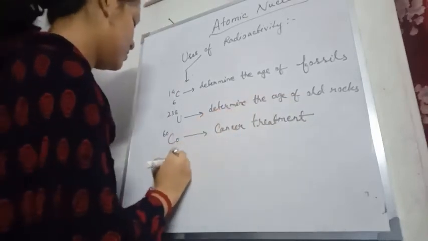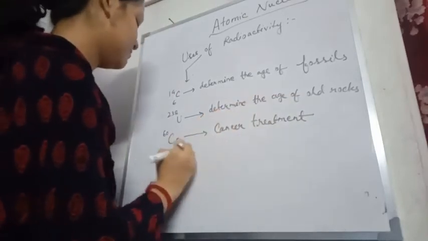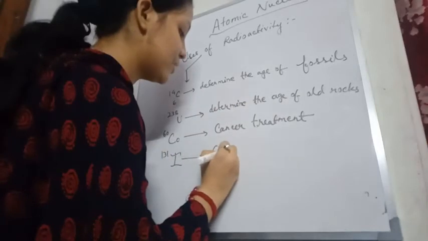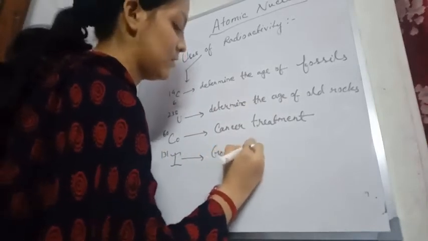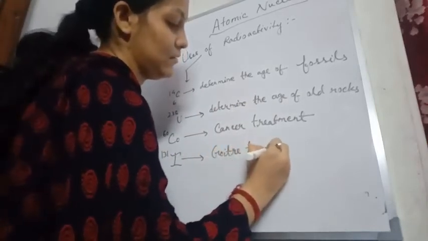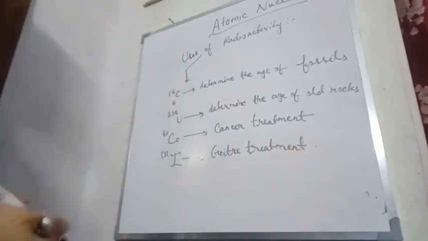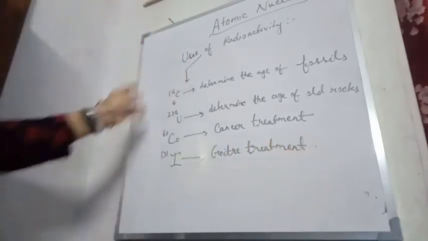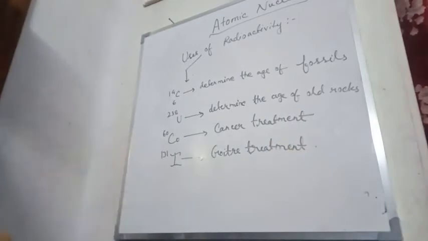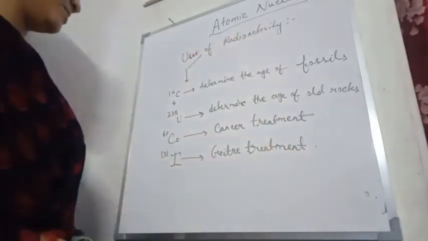Then iodine 131 is used for goiter treatment. So these are the four isotopes, the four elements which are utilized for all these purposes.